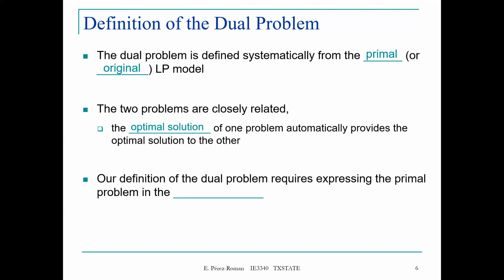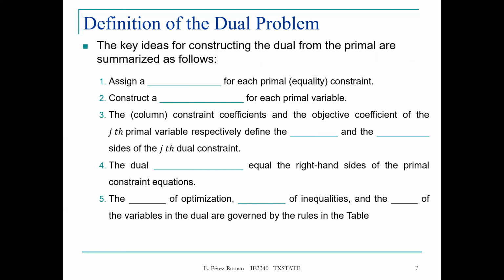Our definition of the dual problem requires expressing the primal problem in the equation form or the standard form that we discussed in previous lectures. So let's see how we can build or define the dual problem. The key ideas for constructing the dual from the primal are summarized as follows.